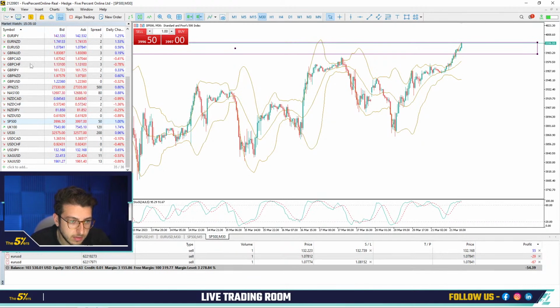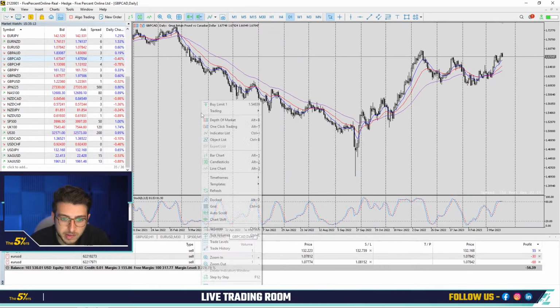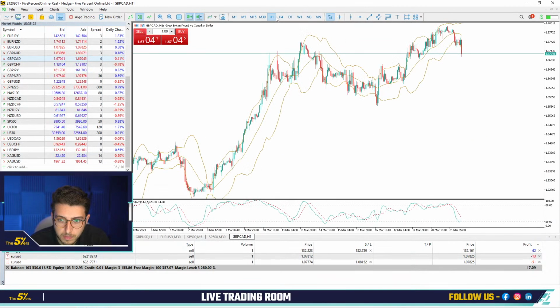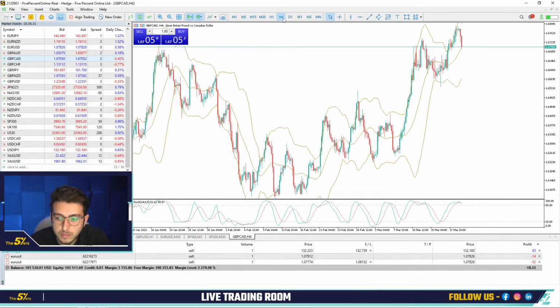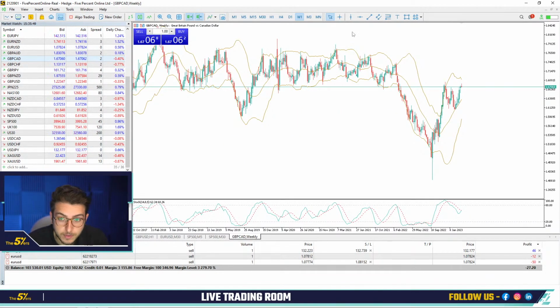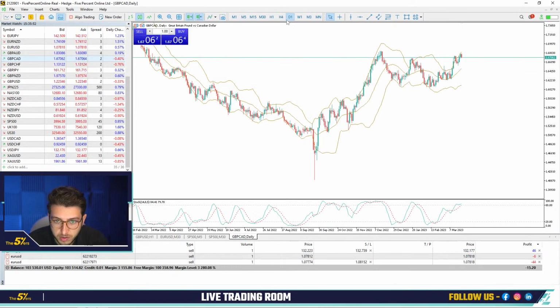Pound CAD, yeah. Let's look. I think there was news today on the CAD. On the daily chart, I could see nothing, also on the H4 chart.